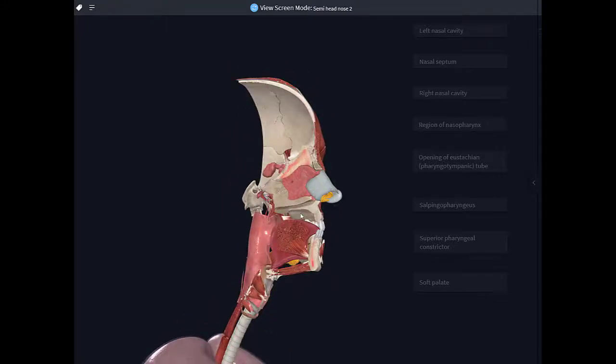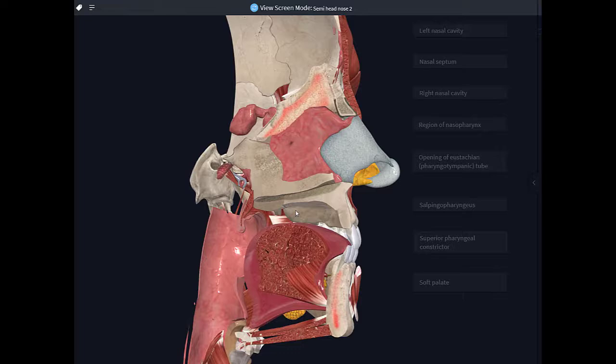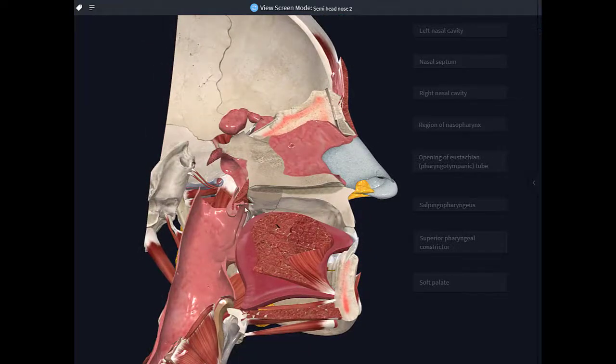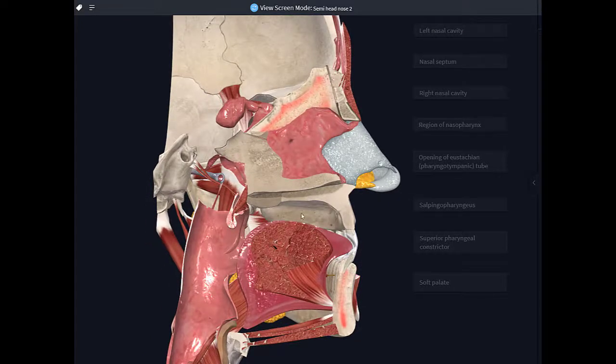So here's your hard palate, and the soft palate would be posterior to that because it's actually made up of muscle and tendinous or fibrous structures. The oral cavity will then extend from the palate superiorly to the mylohyoid muscle inferiorly, which is the muscle that goes perpendicular here. It's perpendicular to the direction of the anterior digastric and the geniohyoid.